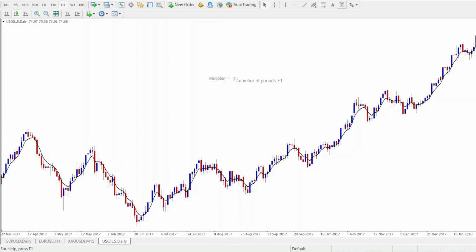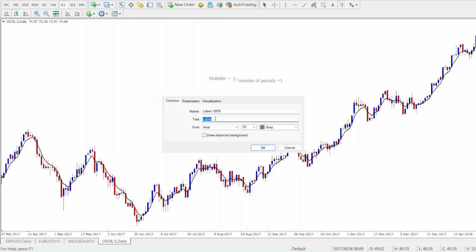I'm just going to write that here. This is for those who are really interested in knowing how these things are calculated. It's quite interesting though.